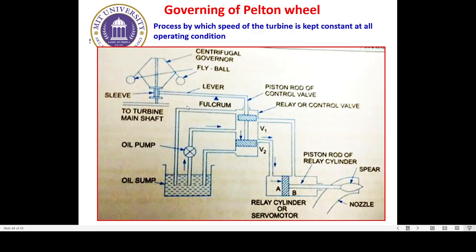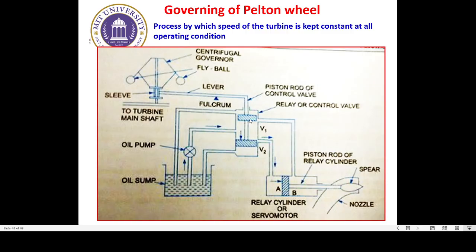Then this causes the horizontal lever, which is supported by a fulcrum here, to move. This lever connects the sleeve and the piston rod of the control valve. This is nothing but the piston rod of the control valve.